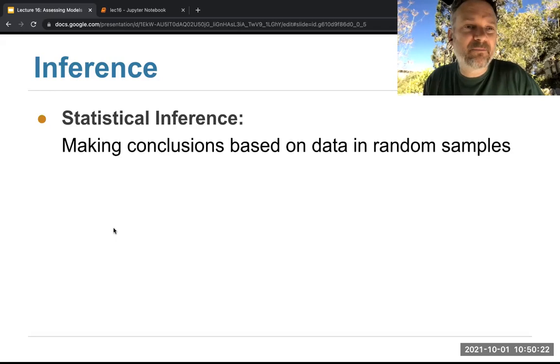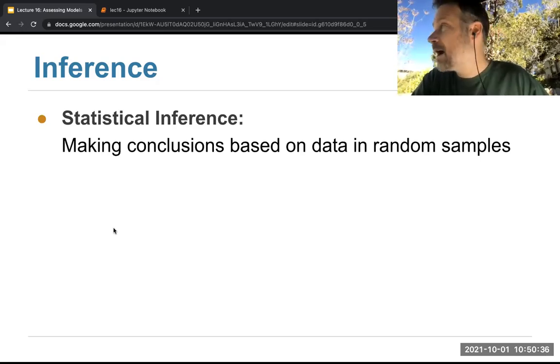So the field of statistical inference is about making conclusions about the real world based on data in random samples. Like making a conclusion about how the population of eligible voters are going to vote in the next election based on a random sample, based on people who responded to your poll.